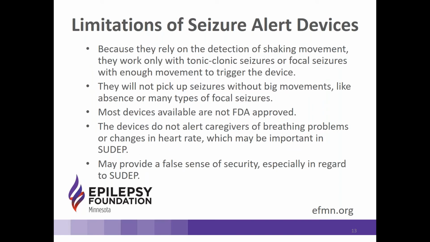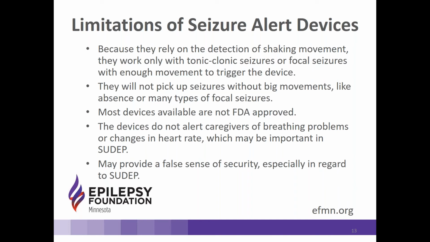So let's look at some of the limitations of seizure alert devices. They do not detect anything except the tonic-clonic seizures. That's how they work for the most part, by detecting that shaking movement. So they're only going to work with generalized tonic-clonic seizures, what we used to call grand mal, which are convulsive, or with focal seizures that have enough movement to trigger the device.